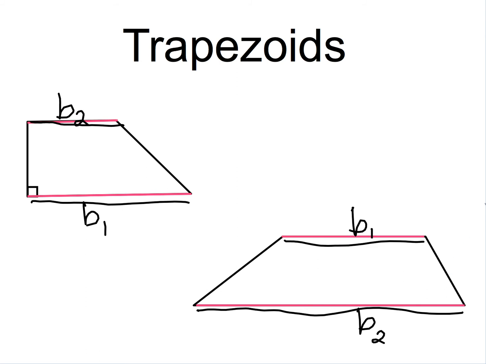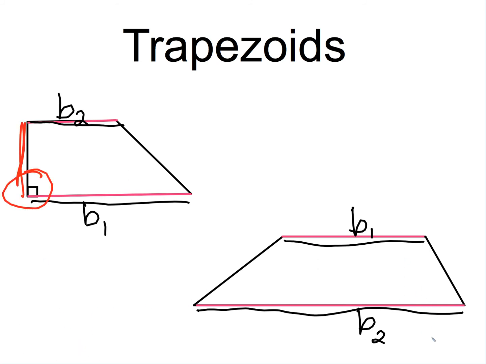Okay? Now that we have the bases identified, let's talk about the height. Just like in a rectangle or in a triangle or any other shape that we've talked about, the base and the height have to meet at a 90-degree angle. So if you look at this trapezoid up here, obviously I can tell that this line right here is going to be the height because they meet at a 90-degree angle.